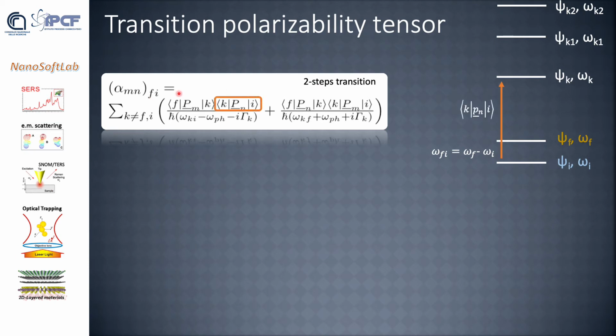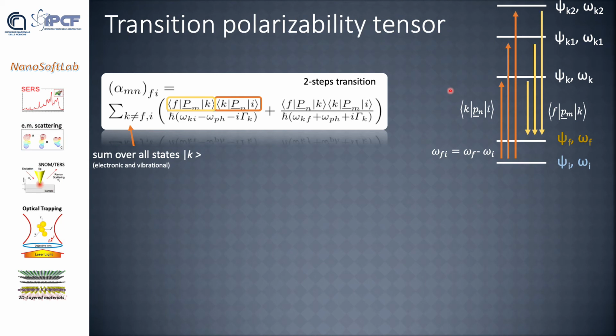This term can be considered as an absorption from the initial level to the first excited state. This is multiplied by this other term that represents the emission from the excited state to the final state. So the transition from the initial to the final state occurs through an intermediate state, and this must be summed over all the intermediate states.